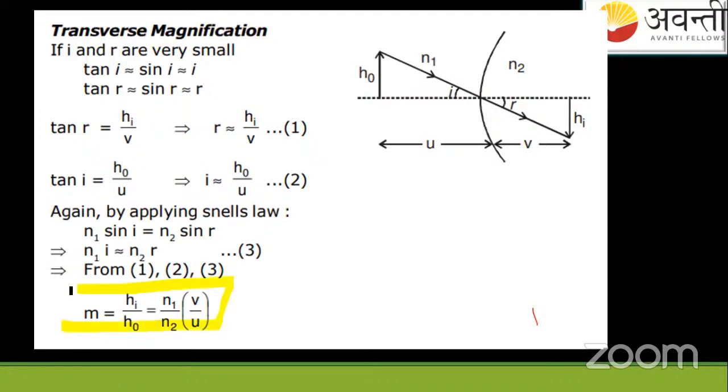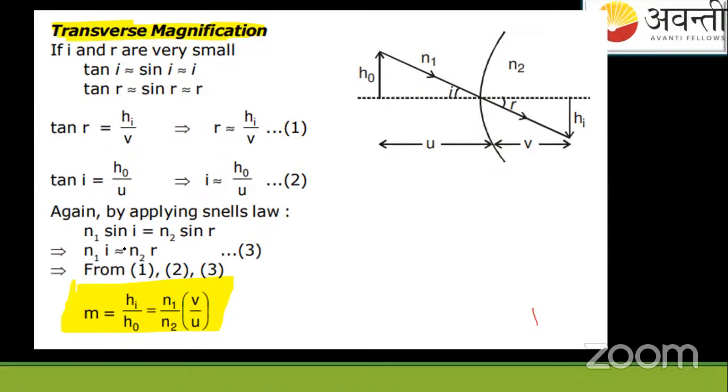At last, you can write this heading of transverse magnification. See, we have studied the magnification in case of spherical mirrors, that is concave and convex case. Okay. So write this formula for transverse magnification. What is it explaining to you?